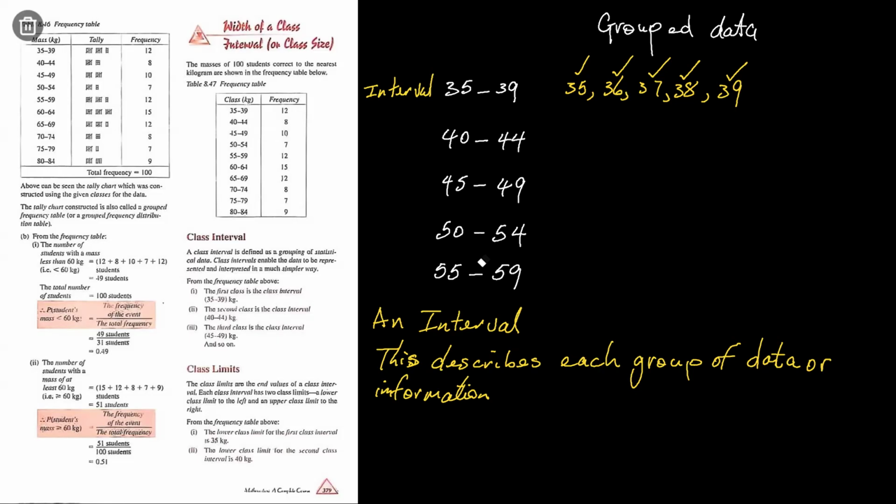I'm just going to wait 10 seconds so that everybody writes down what an interval is, and then I'm going to move on. All right, everybody got that? Can I move on? Yes, sir. All right.